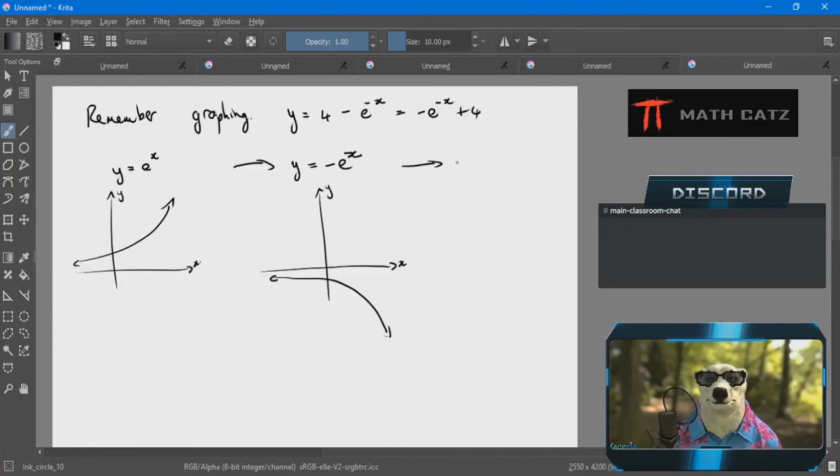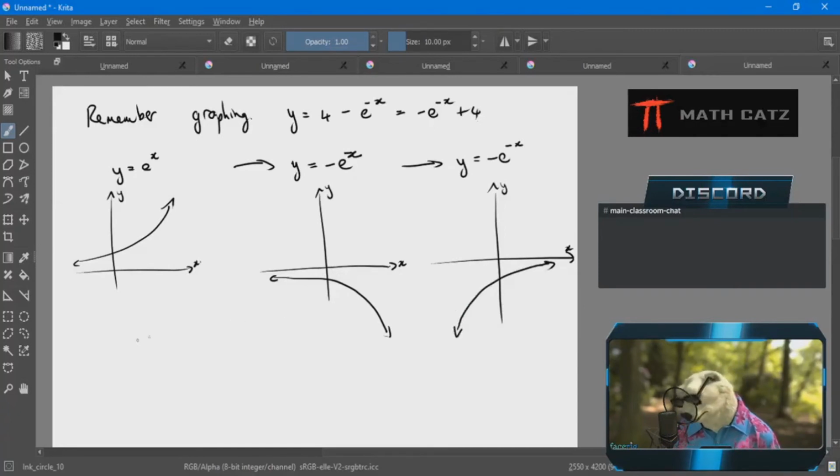Then if I chain that with replacing x with a negative x, what is going to happen to the graph? The previous graph is going to be reflected in the y-axis. So, whoopsie, let me not touch the x-axis. It's going to look like this, more or less.